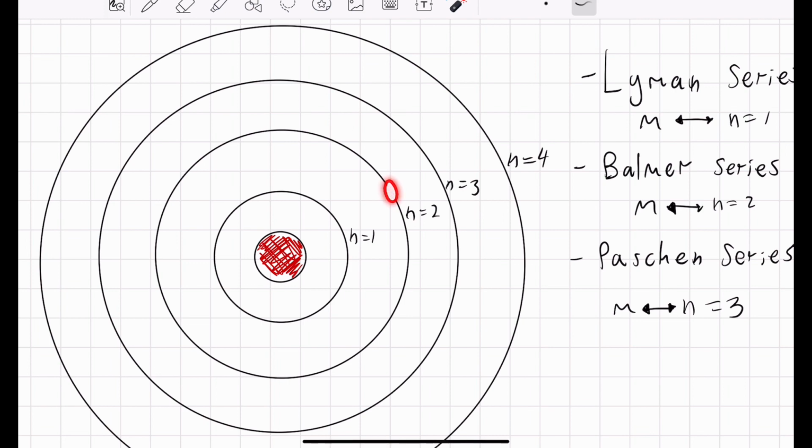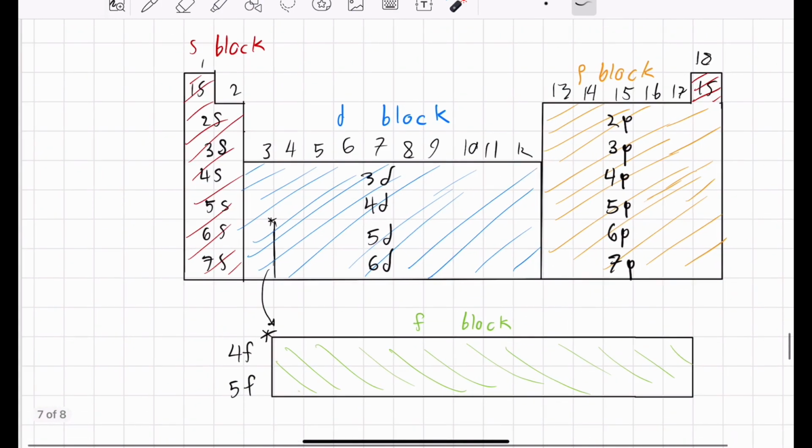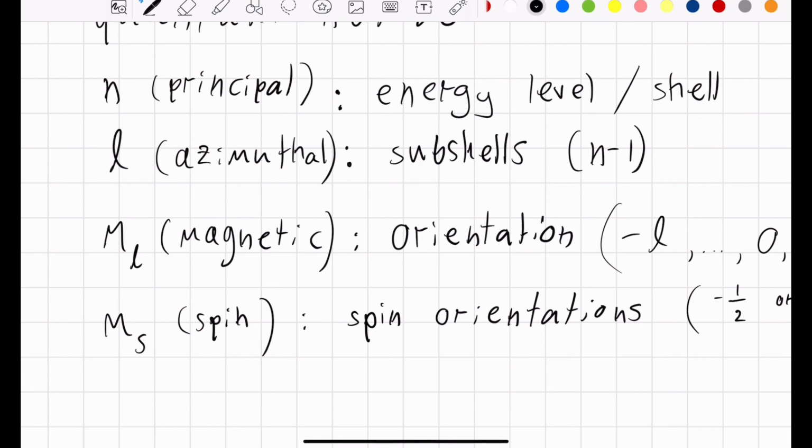We already kind of talked about this, so this isn't really new information. And then if it's in the second energy shell, it's n equals 2, so on and so forth. Okay, and there's also the L quantum number, or the azimuthal quantum number, which describes the shape of subshells, and it's numbered n minus 1. So whatever your principal quantum number is, your L number can be n minus 1 all the way down to 0.